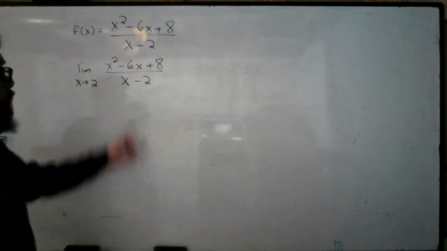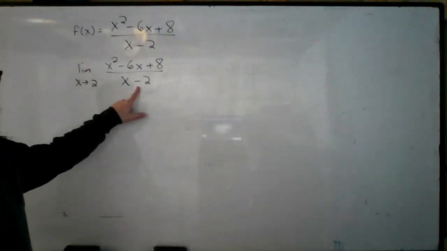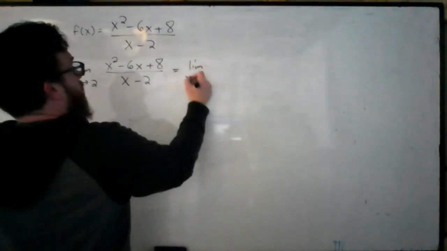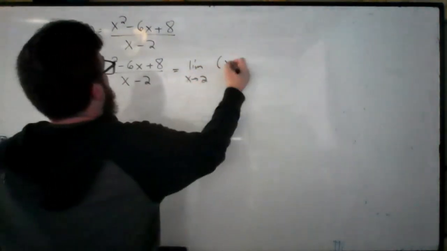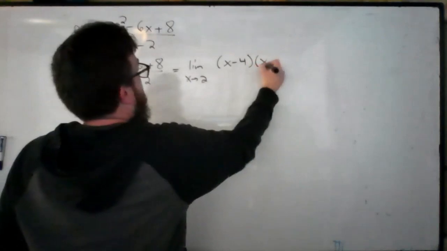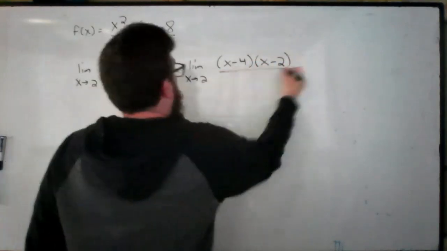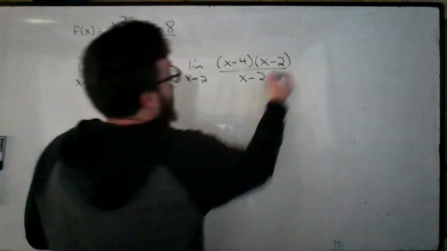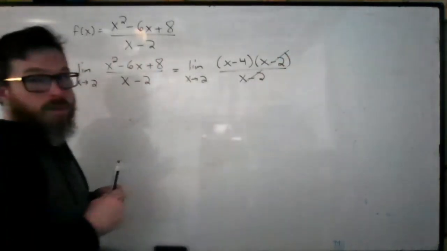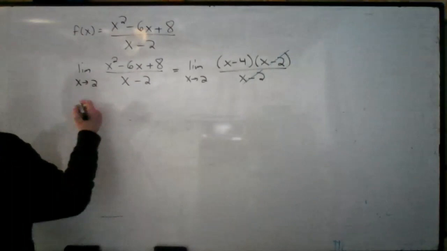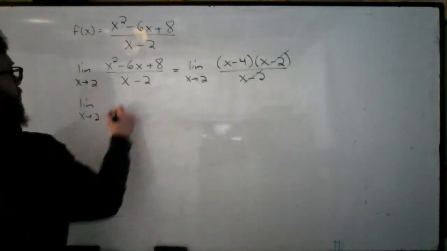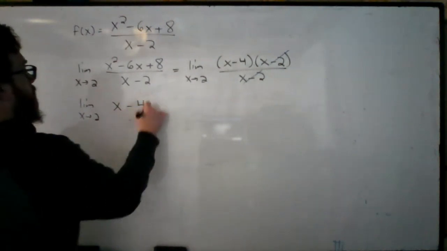So how we do this is we algebraically simplify this expression here. So this is equal to the limit as x approaches 2 of x minus 4 times x minus 2, all over x minus 2. And we can see that they both have that factor of x minus 2, which cancels. So this ends up being the limit as x approaches 2 of the simplified expression, which is x minus 4.